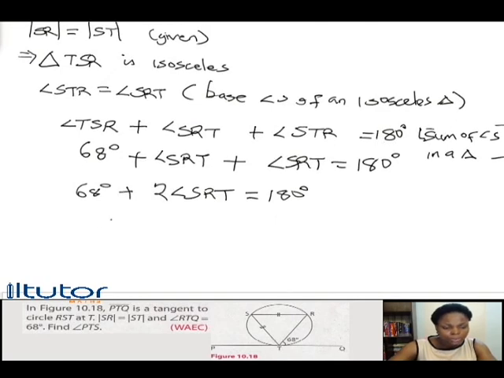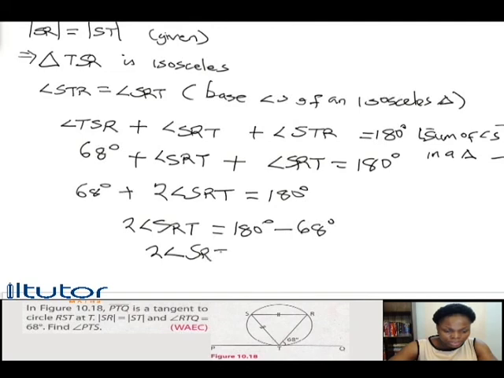Let's collect like terms. 2 angle SRT is equal to 180 degrees minus 68 degrees, which will give us 112 degrees.